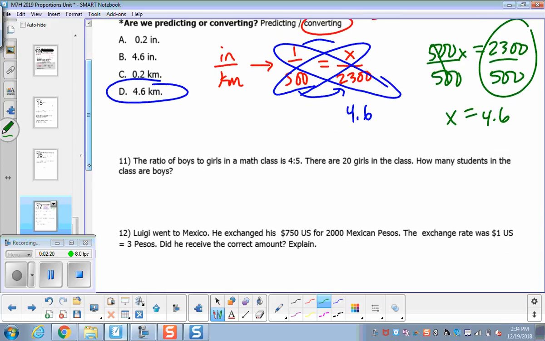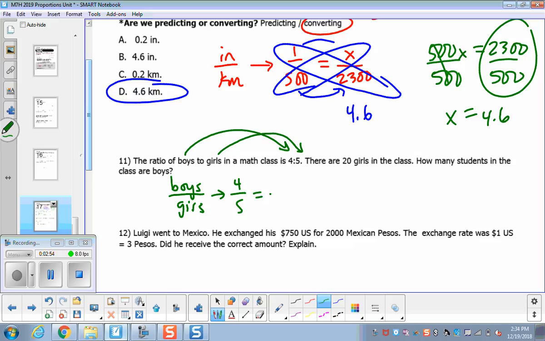All right, moving along. So for number 11, we're given that the ratio of boys to girls in a math class is 4 to 5. First, I want you to ask yourself, does that mean that there are more boys or girls in the class? Well, if there are 4 boys for every 5 girls, that must mean that there's going to be more girls in the class. All right? So the ratio of boys to girls was given to us, and it's 4 to 5.